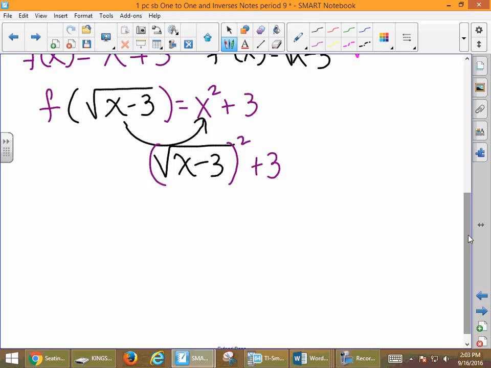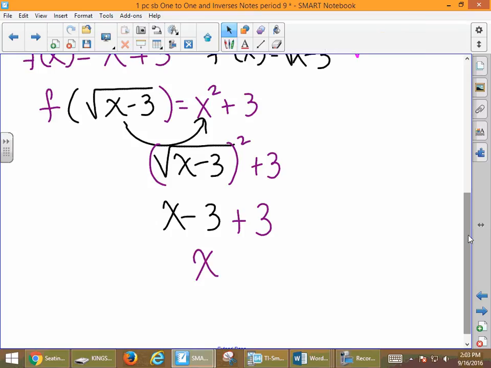Well, square rooting and squaring are inverse operations. They cancel each other out. So now we're left with x minus 3 plus 3. And what does x minus 3 plus 3 equal? X. And that's what we want it to equal.